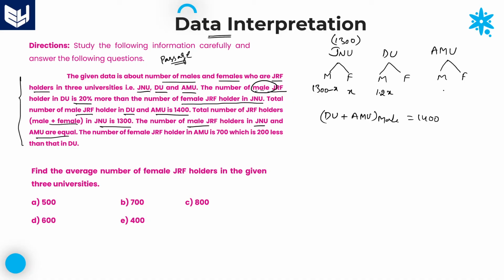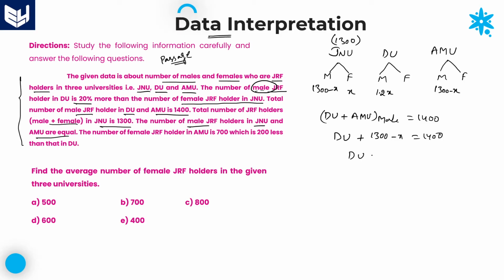In both the cases males are equal. This is also 1300 minus x. So here, as we know that DU plus AMU male is equal to 1400, what is AMU male now? It is 1300 minus x, so DU male plus 1300 minus x is equal to 1400, right?